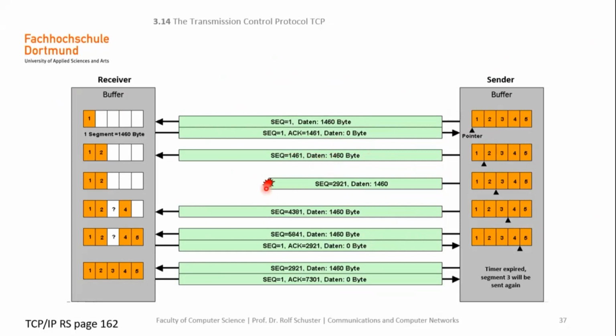But for instance, if this segment can't arrive correctly, if the window permits that we send more data, we could send the third segment, that is the segment that corresponds to the sequence number 1,461 plus 1,460, that is 2,921.